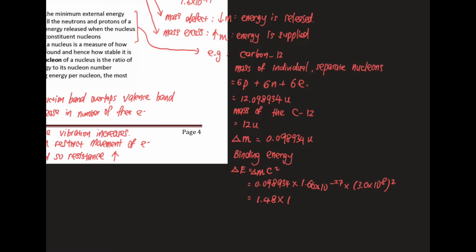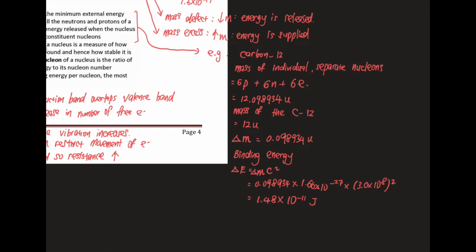1.48 times 10 to the power of negative 11 joule. Okay, so that means if you put 6 protons, 6 neutrons, and 6 electrons together to form carbon-12 atoms, this amount of energy is released.